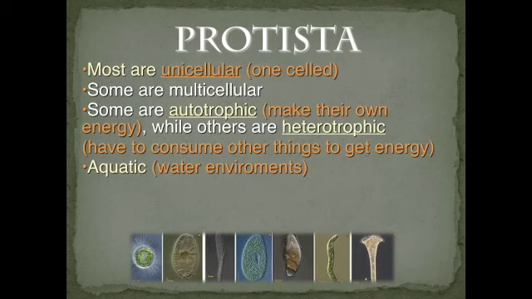Now, most of them are heterotrophic, meaning they consume and eat other things, but some of them can be autotrophic, meaning they can make their own food using maybe photosynthesis or gases. But protists are going to be aquatic, meaning they live in water environments. And here's some pictures here at the bottom.